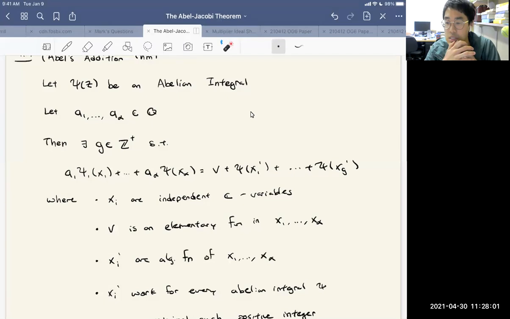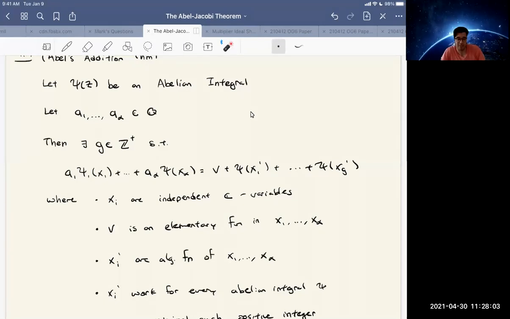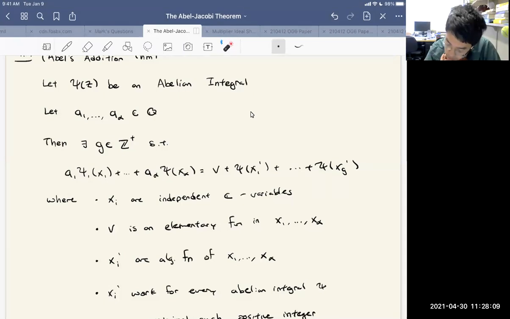Oh, sorry, can you clarify that this works for every abelian integral? So I said something wrong. You have to choose a number alpha, as Med said, and then you can form these x1 primes up through xg primes.